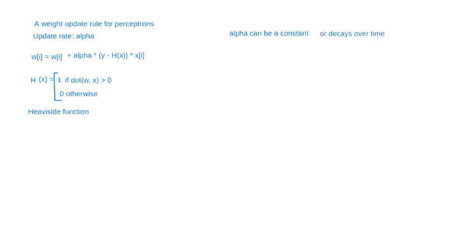What would it mean for alpha to decay over time? That means it's going to get smaller and smaller as time goes by. So what would that mean, do you think?